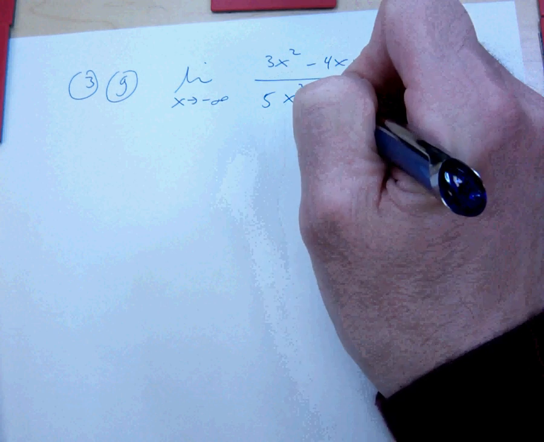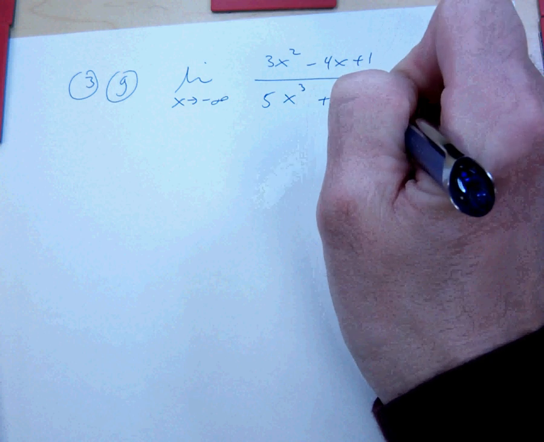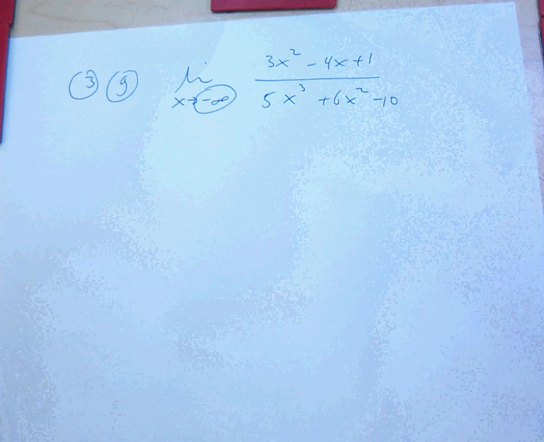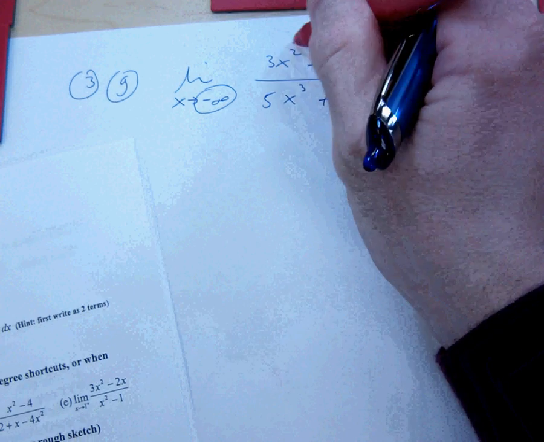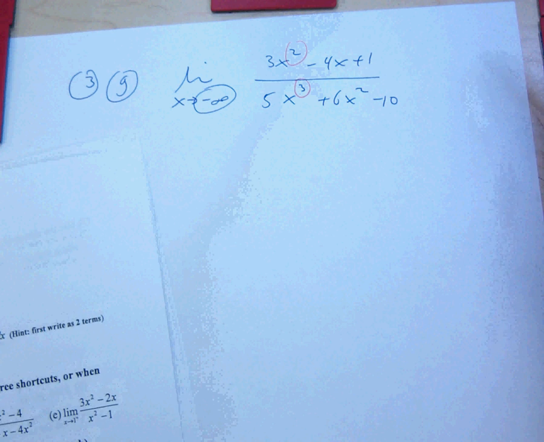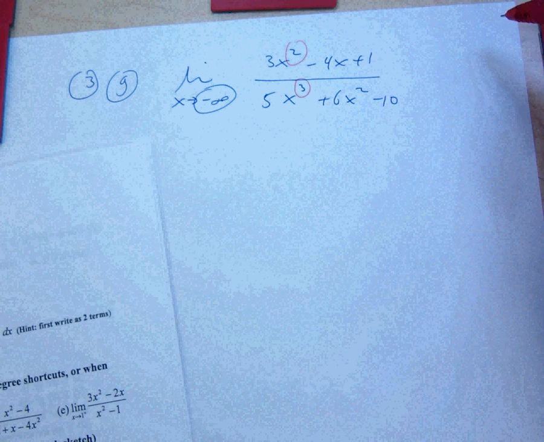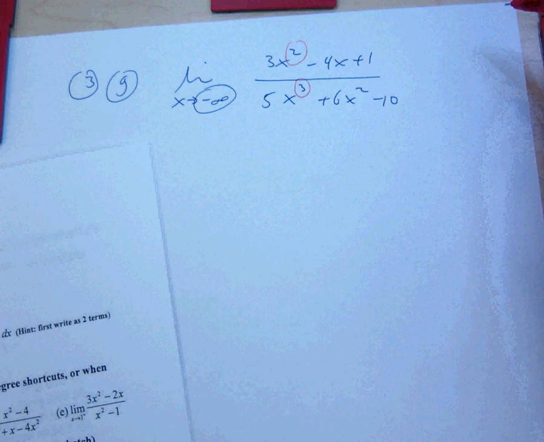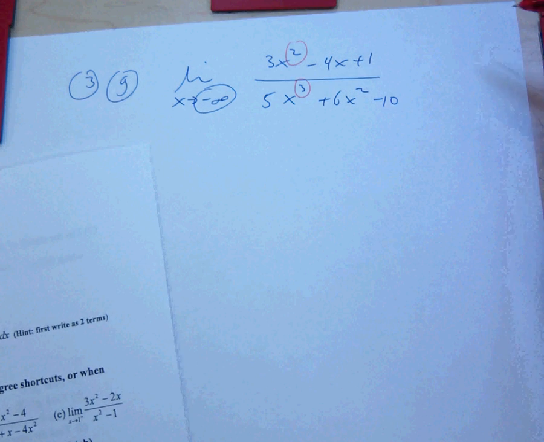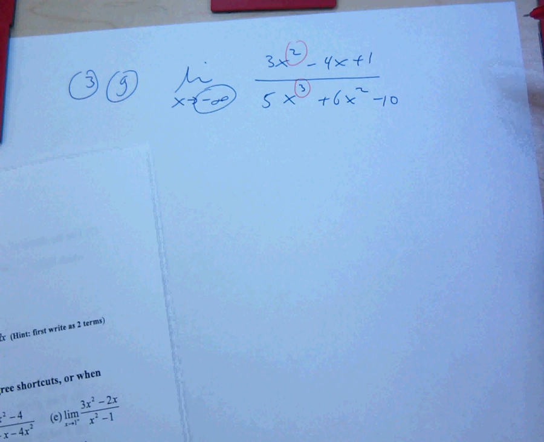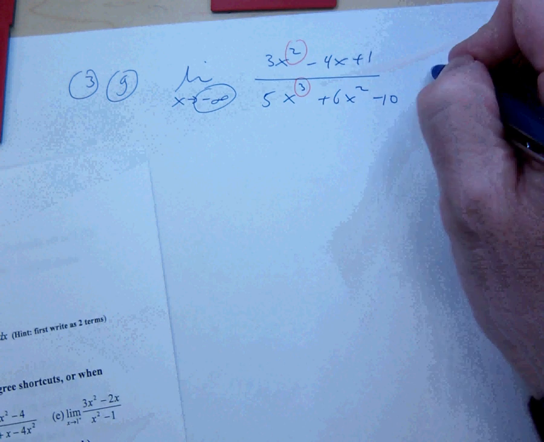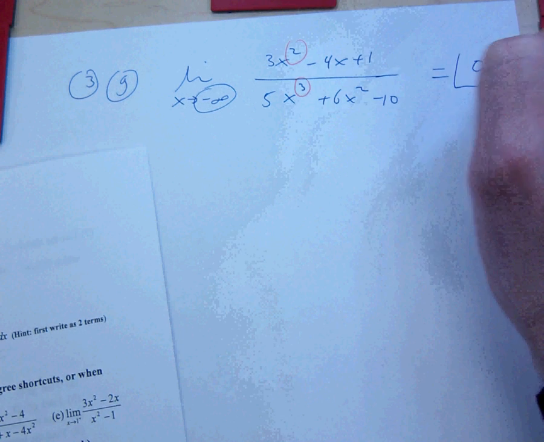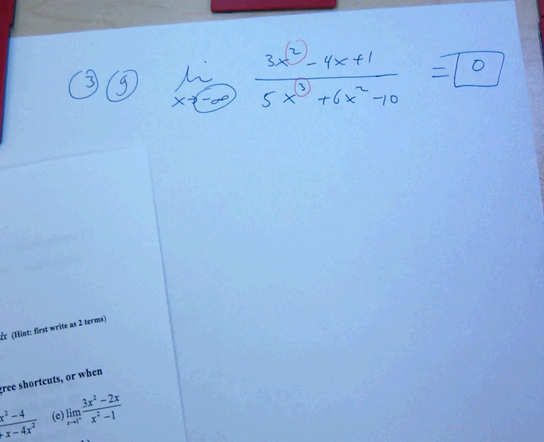When the bottom has a higher degree than the top, what's going to happen to the whole fraction? That means the bottom is growing quicker than the numerator, so the fraction gets smaller and the limit is 0. Make sense? Okay, yes?